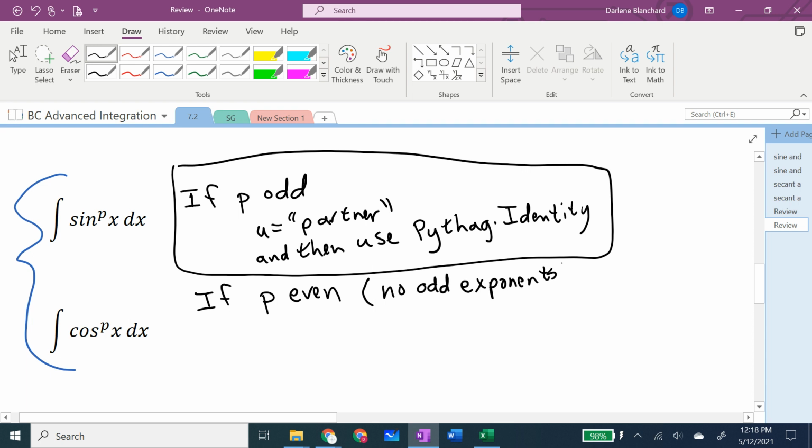So this could be, you see sine to an even power by itself. You see cosine to an even power by itself, or you are multiplying sine and cosine, and they both have even exponents. If one of them is odd, go the easier route. Pythagorean identity is the easier route. If this is the case, you're not doing a U substitution, at least not straight up. The first thing you're doing is what?